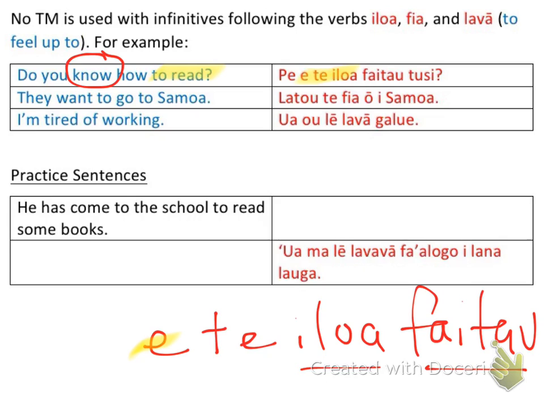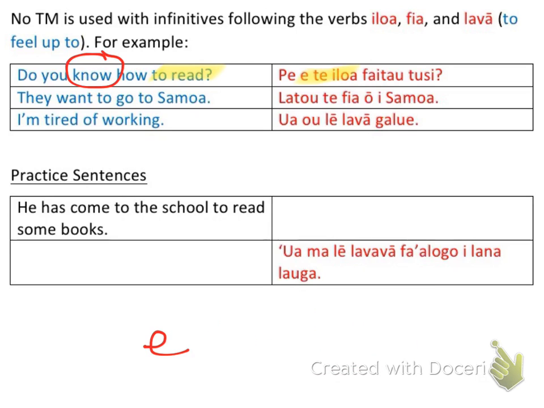I'm going to put an apostrophe right there to emphasize that it's a U. But they're both basically going to piggyback off of this tense marker right here, this te. So you don't need to put an e te iloa e faitau. It's a little redundant. You can just piggyback off that te is what we're basically trying to emphasize here. So pe e te iloa faitau tusi is the way that you would say, do you know how to read?